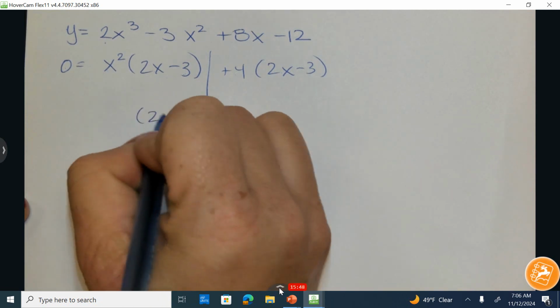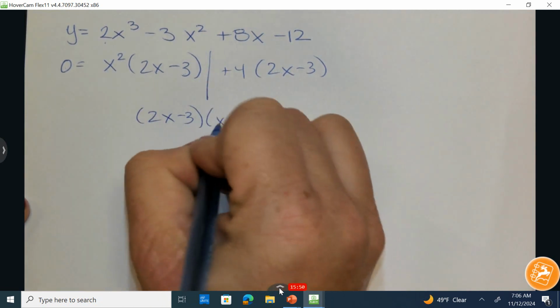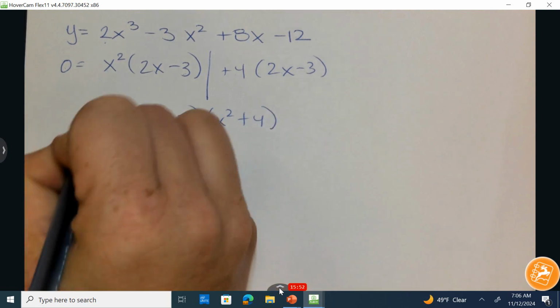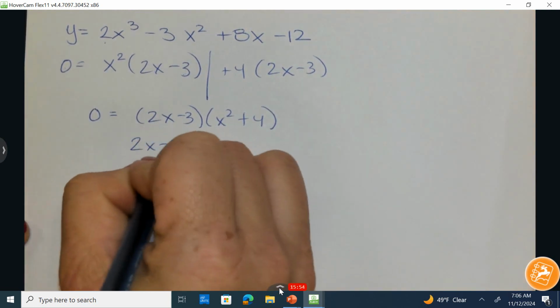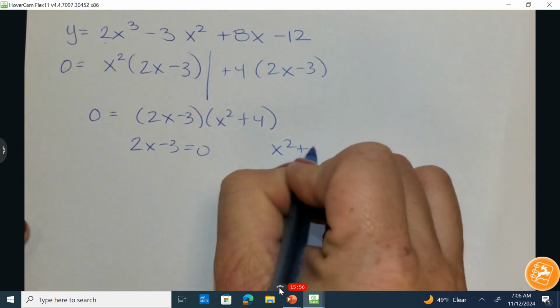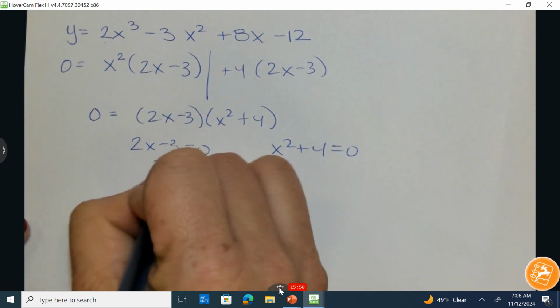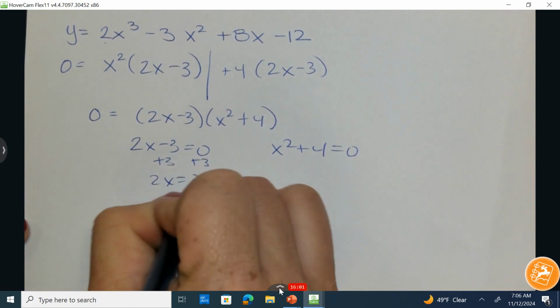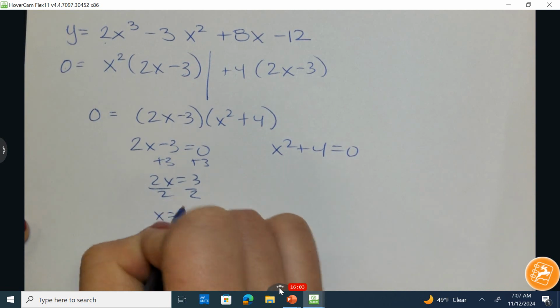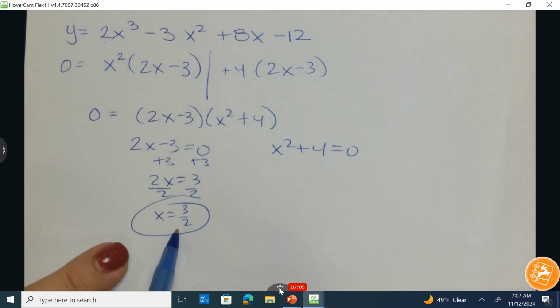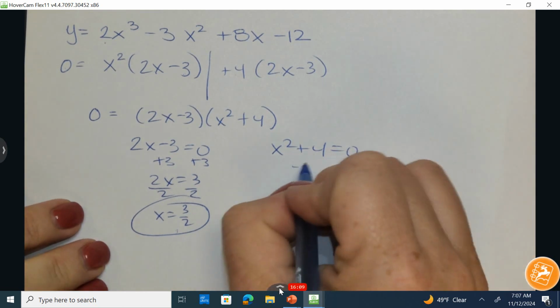They both contain a 2x minus 3. In front of the first is x squared, and in front of the back is a +4. I'm going to set each one of these equal to 0, and then I'm going to solve. Remember, even with all these tedious steps, you do need to show your work. So I have one real solution because it doesn't contain an i, of 3/2 or 1.5.